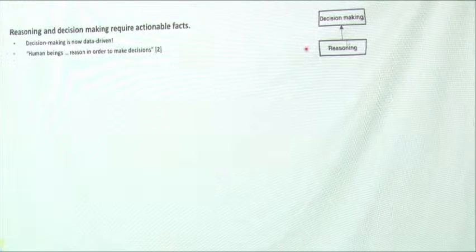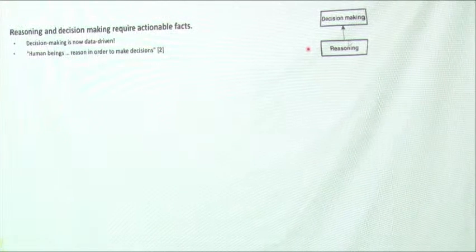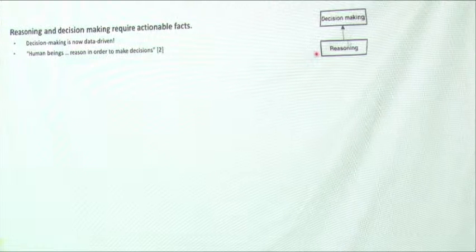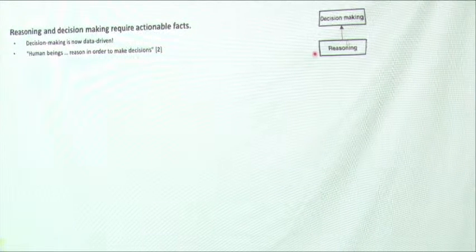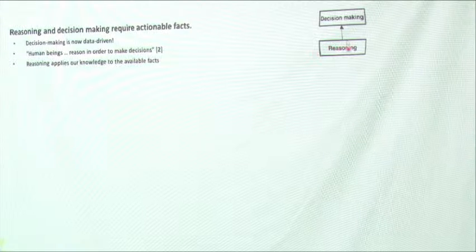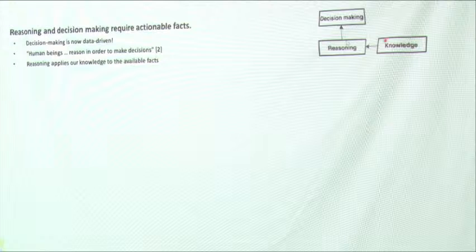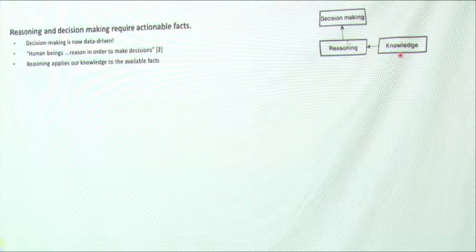Before we can make the actual decision, there is a reasoning process that must happen. In this reasoning process, we as humans require 2 things. On the one hand, we require knowledge, a subset of true beliefs about specific domains. And we also require facts, and the facts are coming from the data.